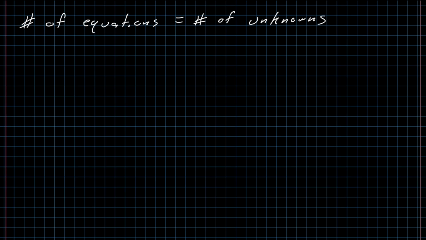There is a result in linear algebra that says that the only time a system of equations has a unique solution is when the number of equations is equal to the number of unknowns. There's a lot of fuzziness in that.